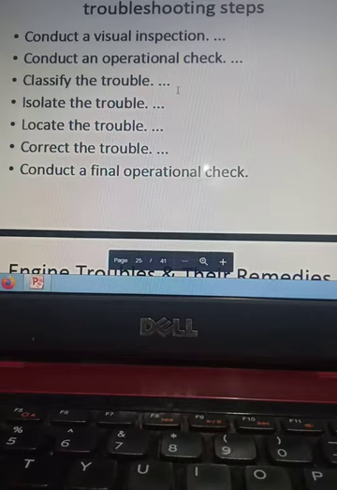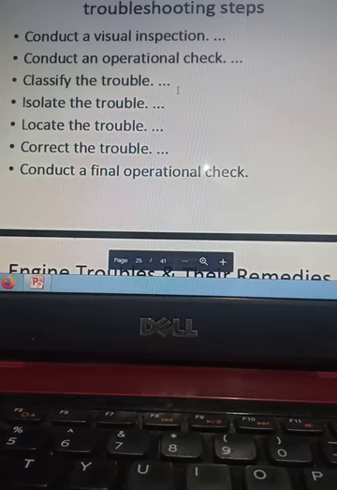Isolate the trouble. You have to have a complete knowledge of a particular system. You have to understand the system, the entire hydraulic system, in order to operate or to identify the trouble or the problem.